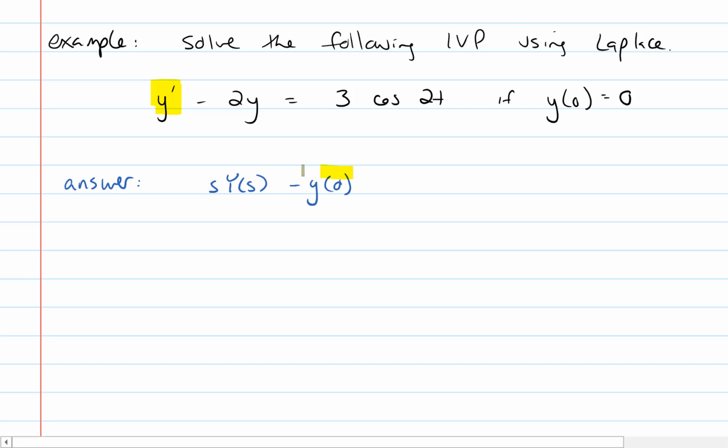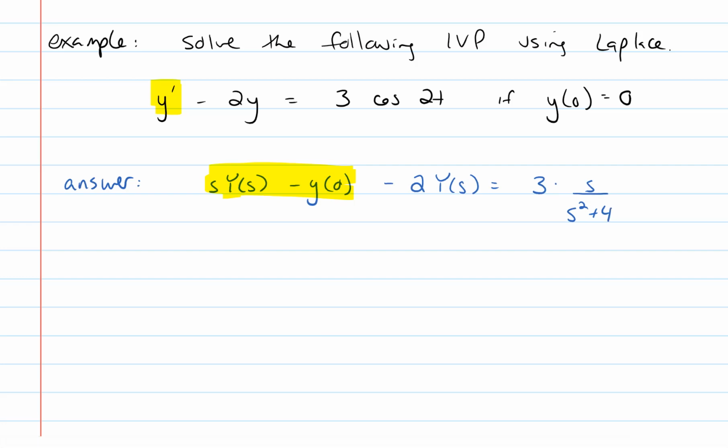So the y prime term becomes these two terms, and then we subtract 2 times the Laplace transform of y, which is just capital Y of s. And now we take the Laplace transform of the right-hand side, so it's going to be 3 times the Laplace transform of cos 2t, which gives us s over s squared plus 4.